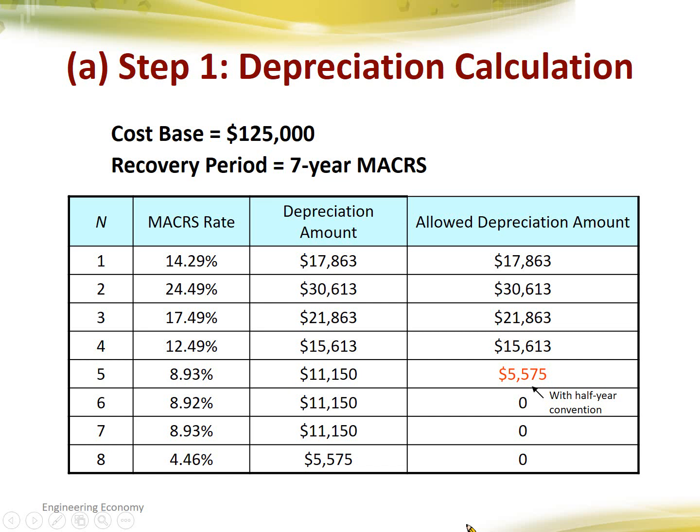But for the 5th year, because we are taking this half-year convention, we can only claim half of the amount that we computed from MACRS. So it's only half of 11,150, which is 5,575. So these are the depreciation amounts we can claim over the 5-year period.